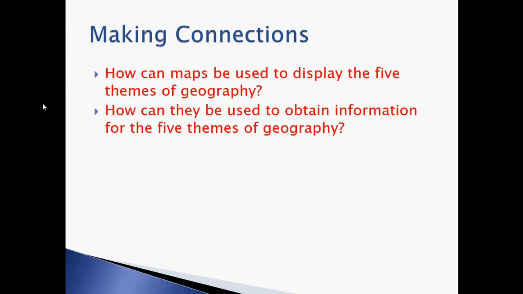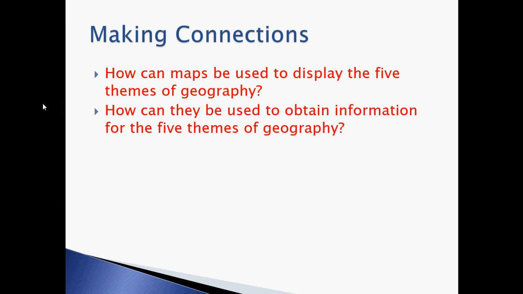Okay. The last thing I wanted you to do is making connections, and I've included an assignment on Canvas associated with this, but I want you to tell me, how can maps be used to display the 5 themes of geography? Remember, the 5 themes are location, region, interaction between humans and the environment, place, and movement.